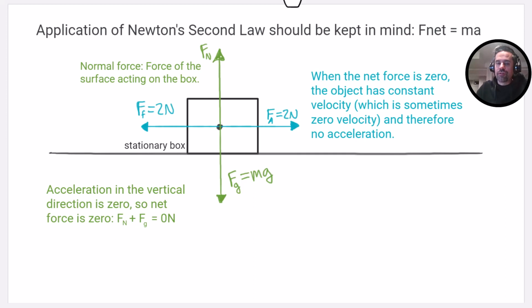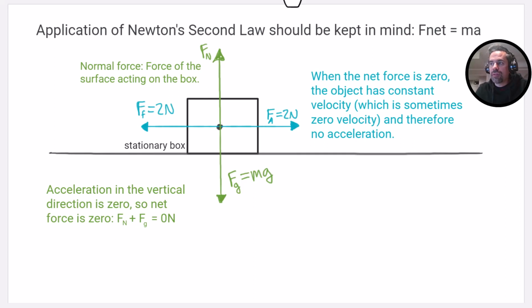The normal force is the force that the surface is pushing back up on the box. We have the box sitting on a horizontal surface, and the box is not accelerating up or down. And so the normal force and the weight force, the gravitational force, are actually equal to each other.